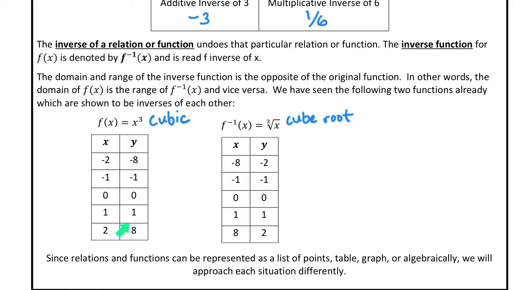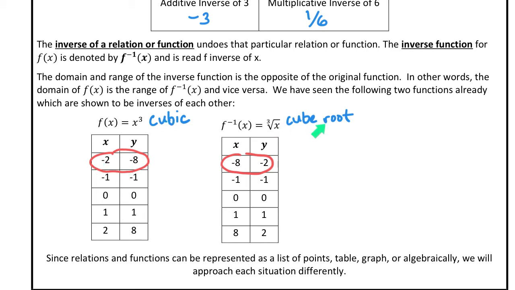And remember, we would use these tables to graph the parent functions. Let's look at one set of points. If I look at these points and I compare them, do you notice that they are switched? They're flipped, right? If I'm looking at the cubic, my point is going to be -2, -8.